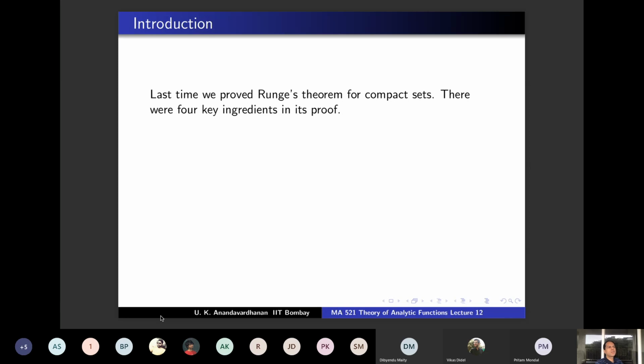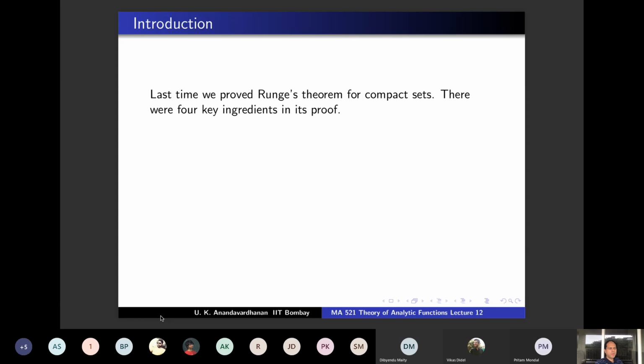So the characterization was that M bar is the intersection of the kernels of all those linear functionals L, where L is in X star and L vanishes on the subspace M that you have taken.